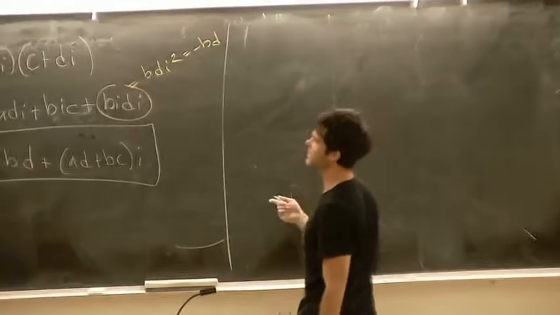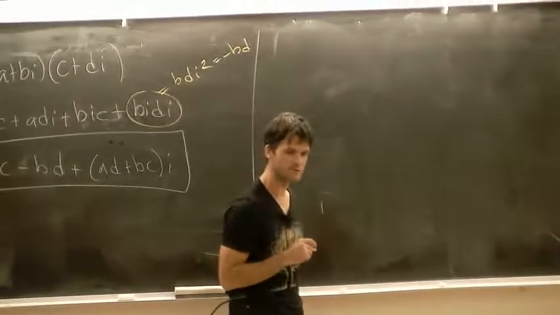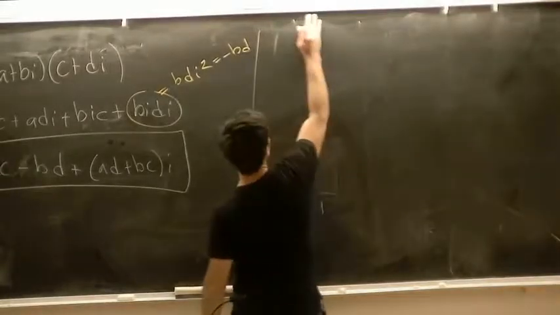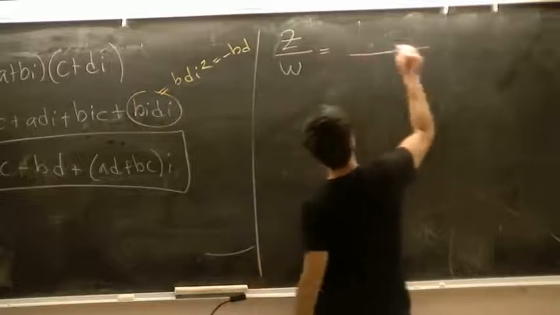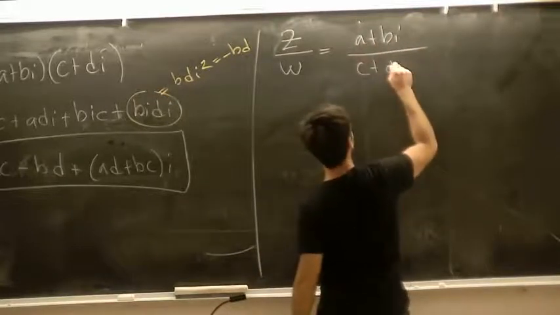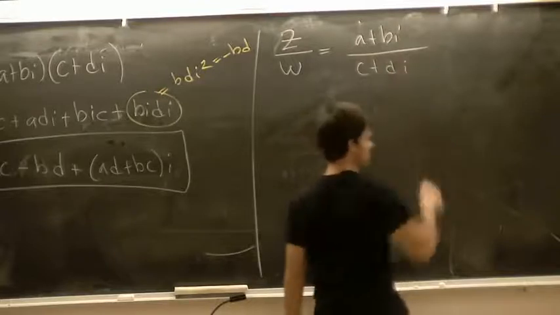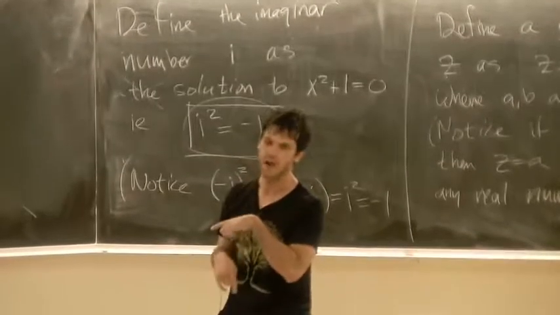So that's multiplication. What about division? If we have z over w, that's a plus bi over c plus di. This is one of the first tricks that you need to learn about complex numbers, how to deal with fractions.